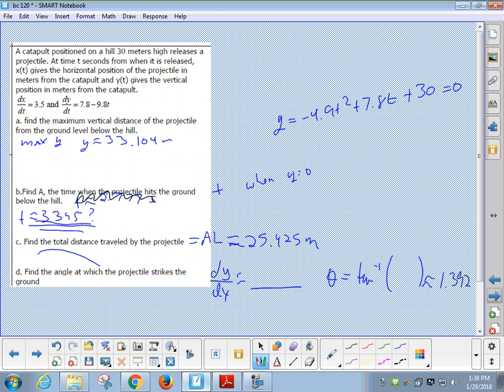On number 20, the last one, did you get max y is 33.104? Did you get that it hits the ground at 3.3345? For the total distance, it's the same as the arc length in parametric, 25.425.